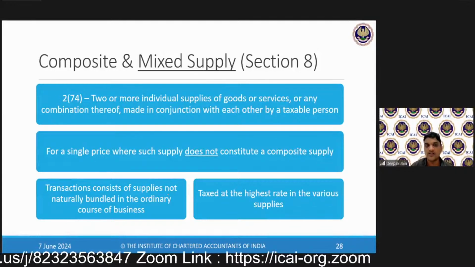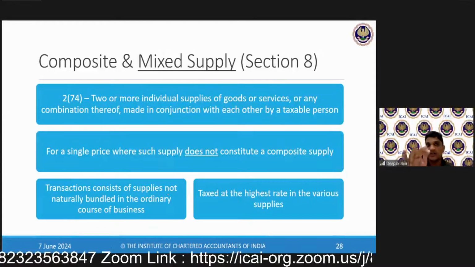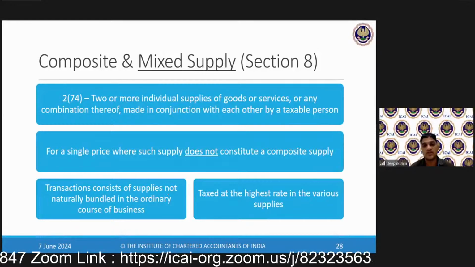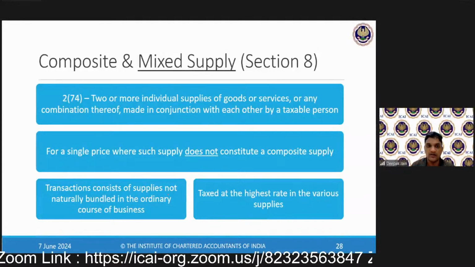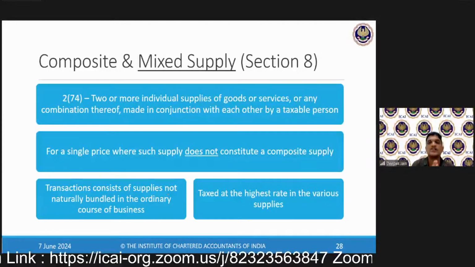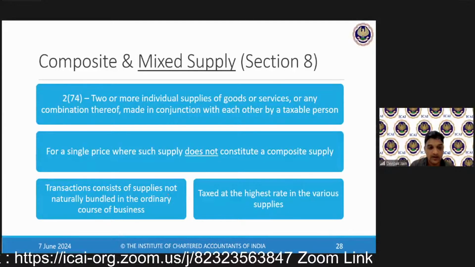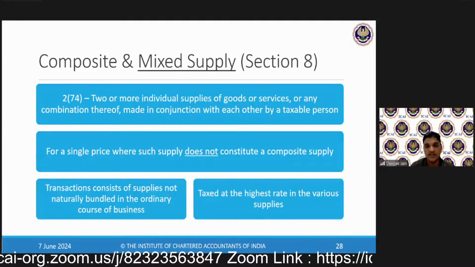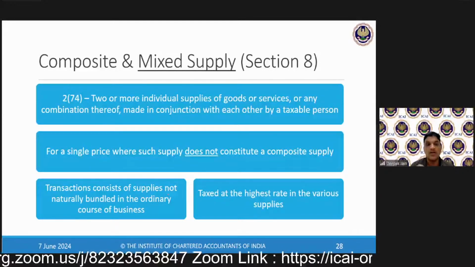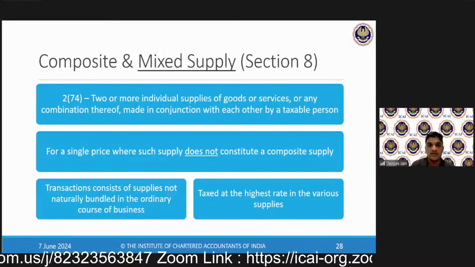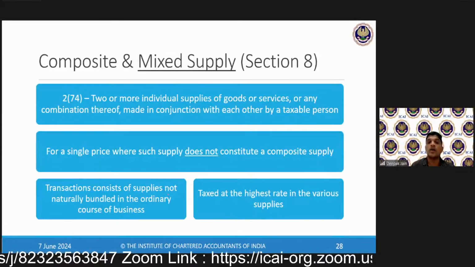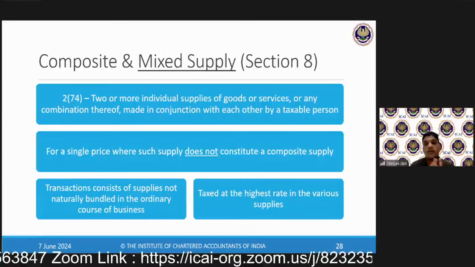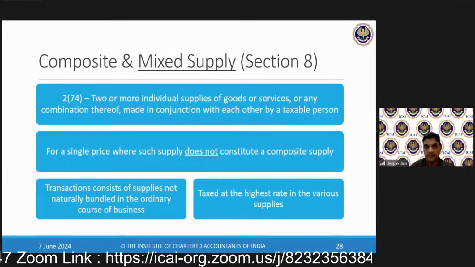There it is not individual supplies, it just says two or more supplies, but here there are individual supplies, two or more individual supplies of goods or services or any combination thereof, which is made in conjunction with each other. Matlab दोनों को they have attached together and supplied it. When they are made in conjunction with each other by a taxable person for a single price. Okay, two or more products are bundled together for a single price, but does not constitute a composite supply.